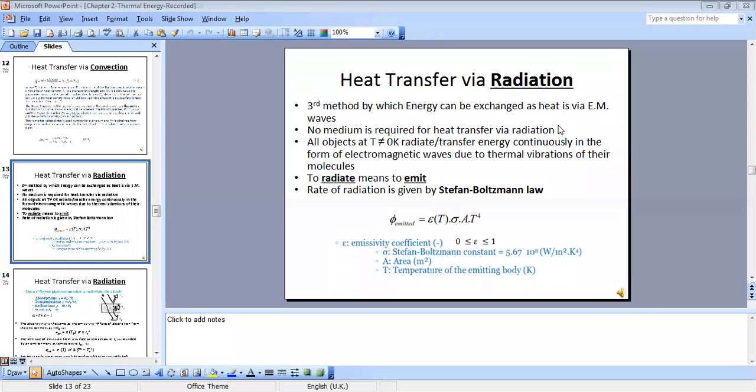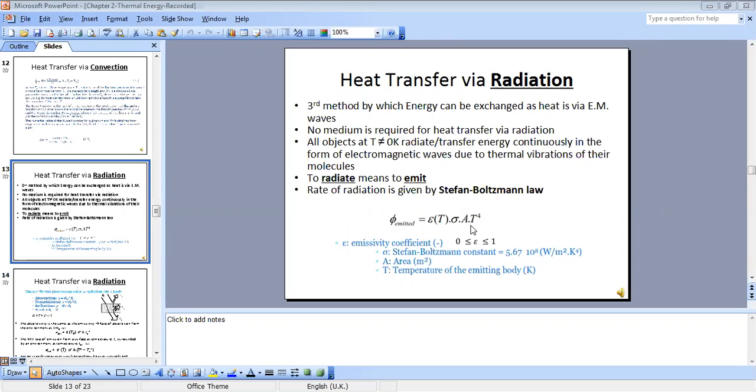We have the Stefan-Boltzmann law stating that any surface at a temperature T will emit a flux equal to epsilon, which depends on the surface, and epsilon is the emissivity coefficient, times the Boltzmann constant, which is a universal constant equal to 5.67 times 10 to the power minus 8 watt per meter squared Kelvin to the power 4, times A, which is the area of the surface emitting the radiation, times T to the power 4, where T is the temperature of the surface.